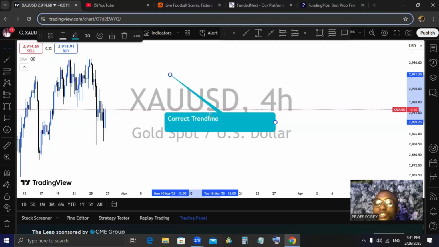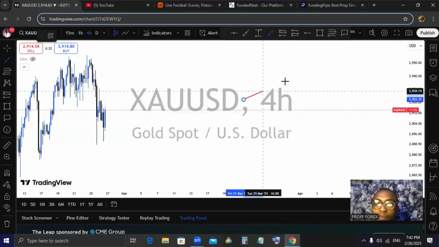The correct trend line, which is a good trend line, has to have a minimum of 2 touches. Before you can confirm it is a trend line, it has to have a minimum of 2 touches. These 2 touches have to start from where you draw it. Let's take for instance, this is my trend line.